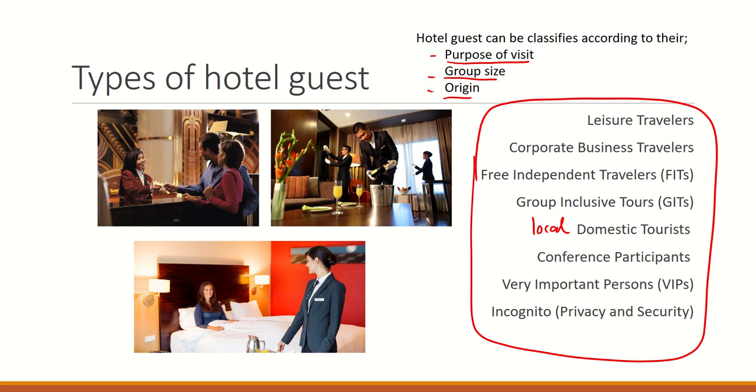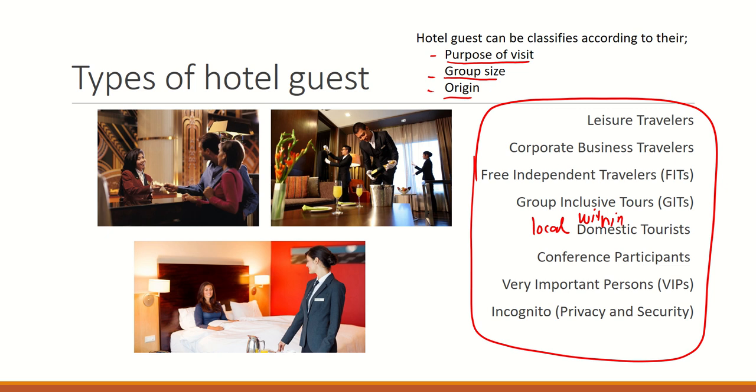So that is local or domestic tourist. When you hear the word domestic, you would think about domestic flight, right? And international flight. Inter means between, one country to another. But domestic means within.